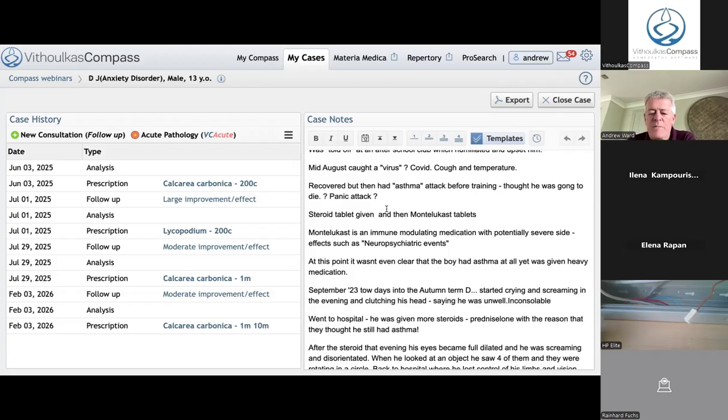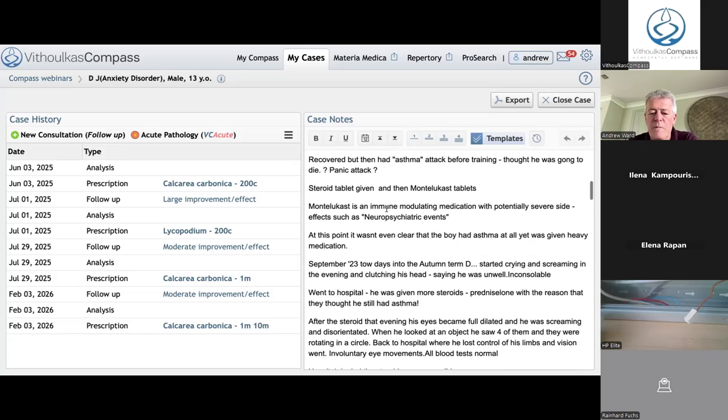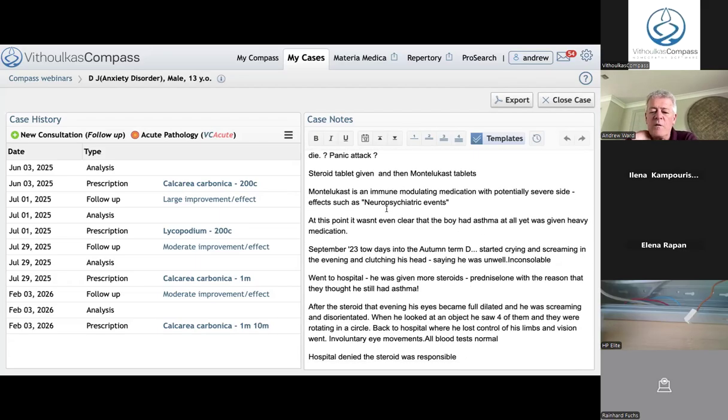In the September, 2 days into the autumn term, he started crying and screaming in the evening and clutching his head, saying he was unwell and inconsolable. Went to hospital where he was given more steroids, this time prednisolone, with the reason they thought he still had asthma.